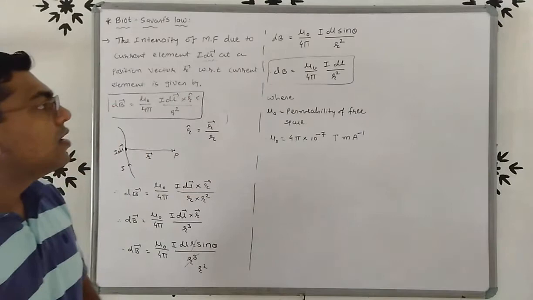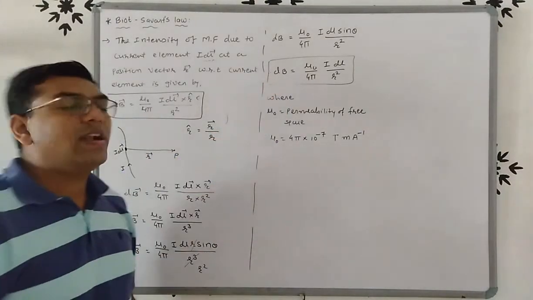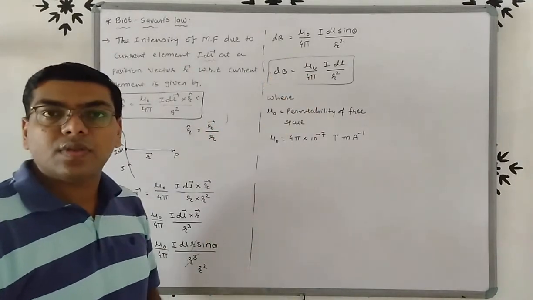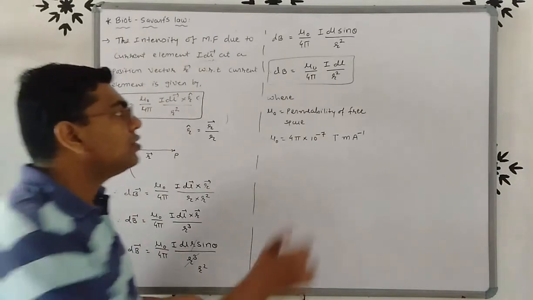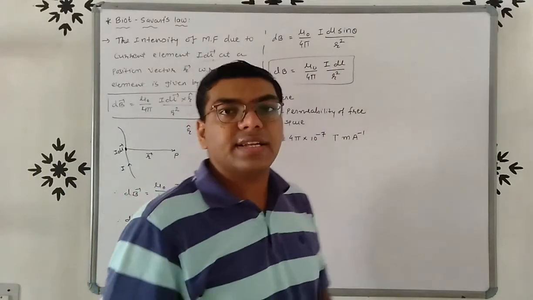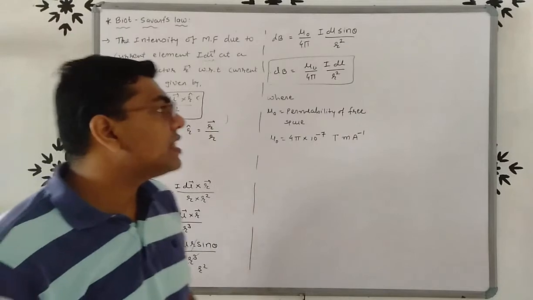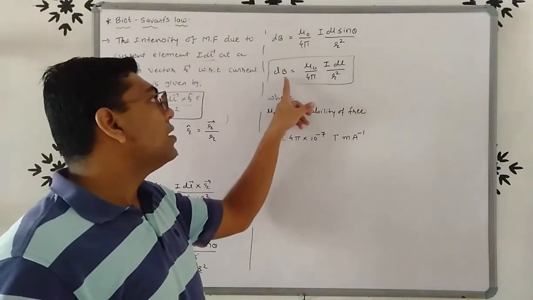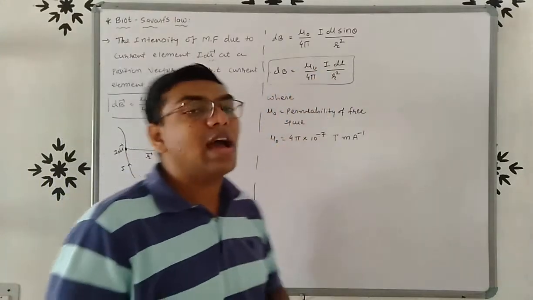Now here we can say that the magnetic field is proportional to the current. Magnetic field is proportional to the element of length, that is dl. Then magnetic field is inversely proportional to the square of the distance, because dB is equal to mu 0 by 4 pi I dl upon r square.